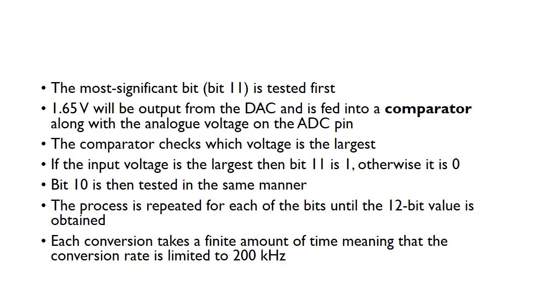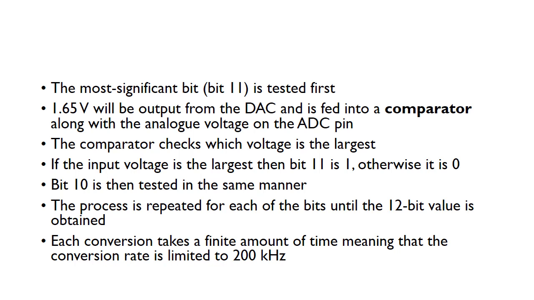Basically, the most significant bit is tested first. The internal DAC outputs 1.65 volts, and that's fed into a comparator along with the analog voltage on the pin. The comparator checks which is the largest. If the input voltage on the ADC pin is larger than 1.65 volts, then bit 11 is set to be a 1, otherwise it's set to be a 0.